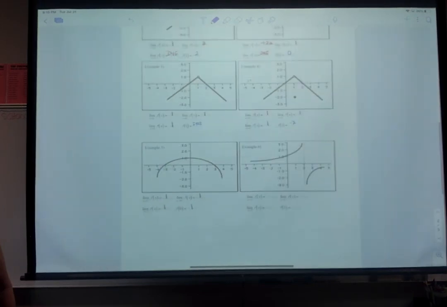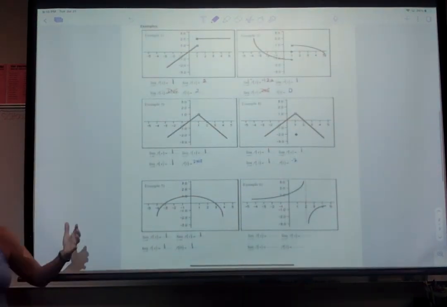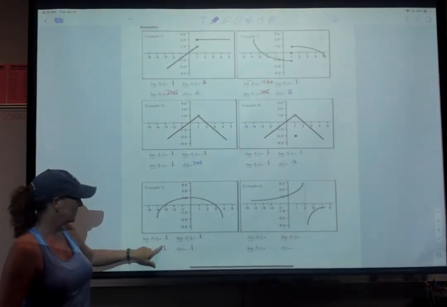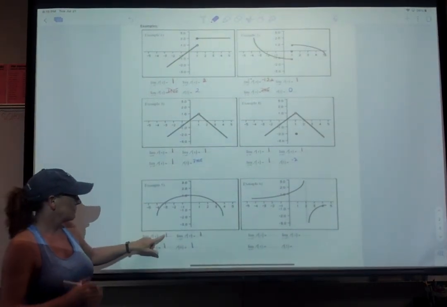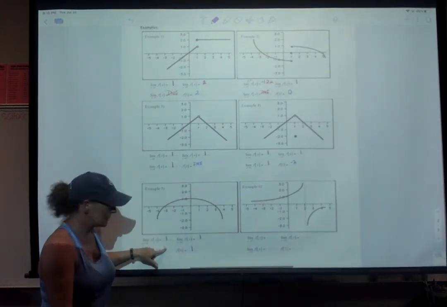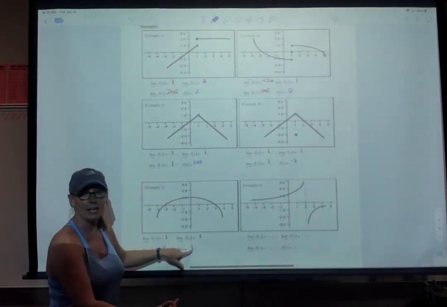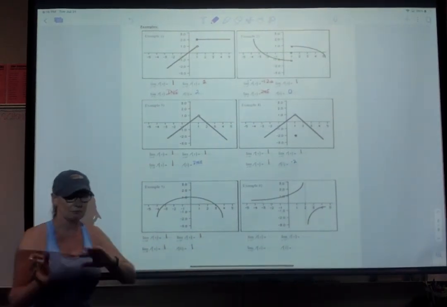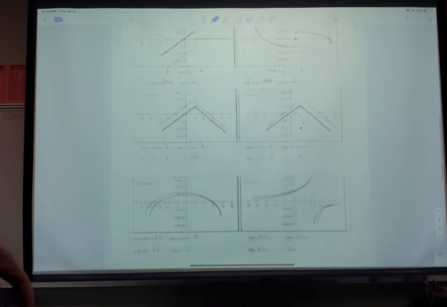Also, that was the first time on this whole page where my left-hand limit matched my right-hand limit, which gave me an answer to my limit. And it was filled in there also. We'll come back to this a little bit later, like days later.